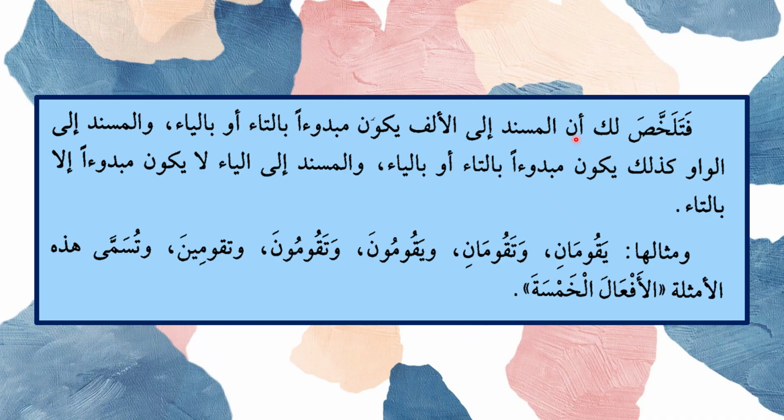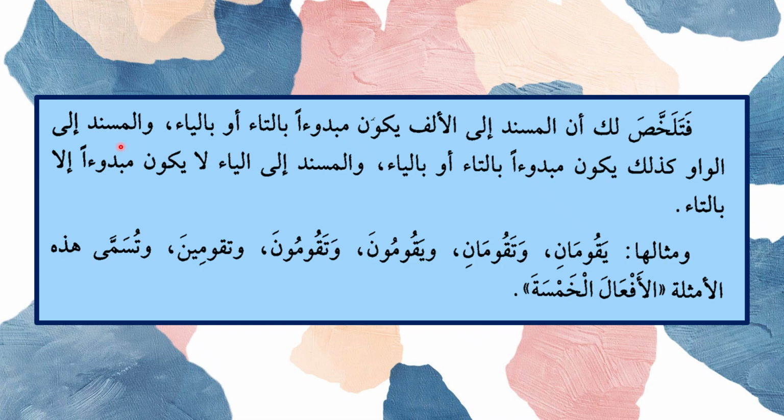فَتَخَلَّصْ لَكَ أَنَّ الْمُسْنَدَ إِلَى الْأَلِفِ يَكُونُ مَبْدُوًّا. Either if you see in the damir aliful isnain, when the aliful isnain comes, it either starts with the ta or the ya. So aliful isnain can come for the male and female, and it can represent ta from the mukhatib, ya from the ghaib.